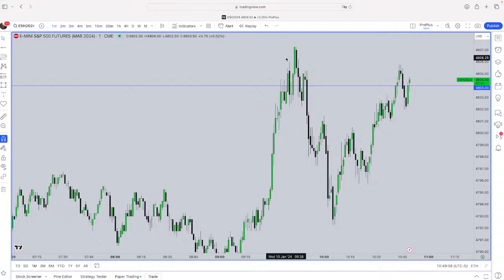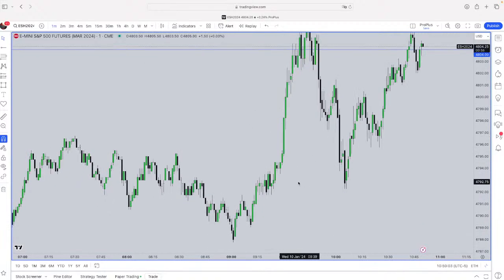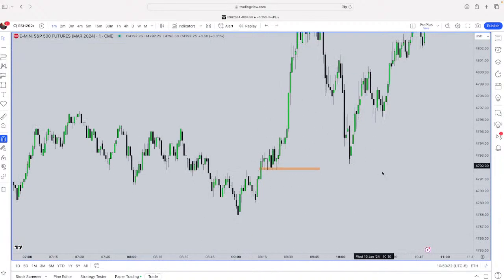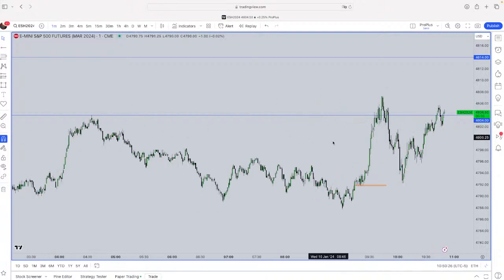Nice. Must have been. Unless you got in exactly at 925, then it'd be there. But if you got into that fair value gap and the order block, it'd be 928. But yeah, beautiful trade. That's what trades you want to be in. Low resistance liquidity runs straight to the buy side.